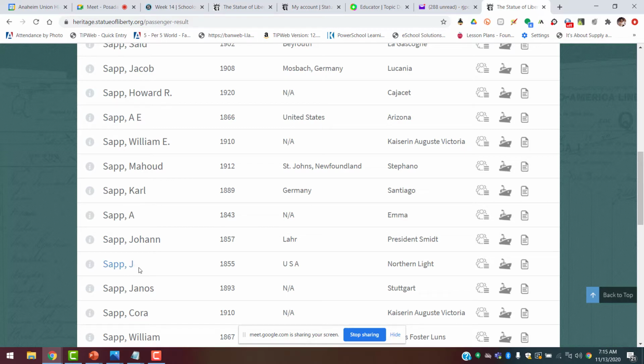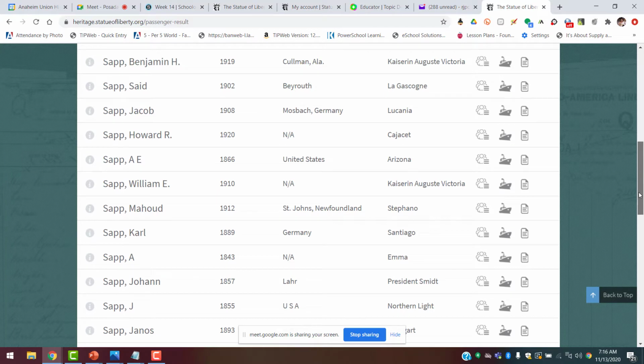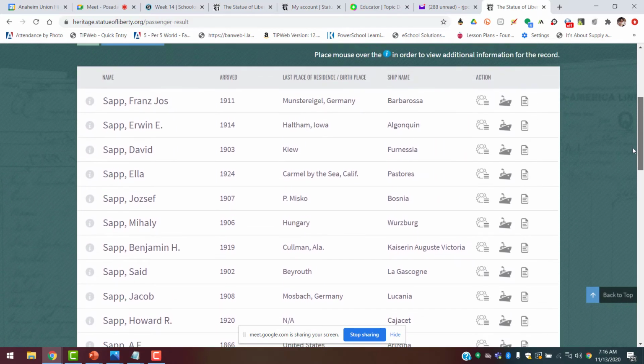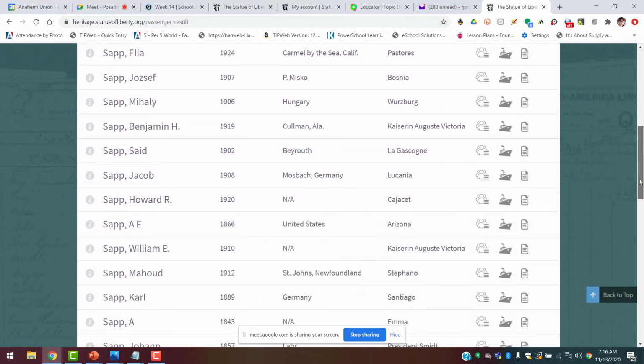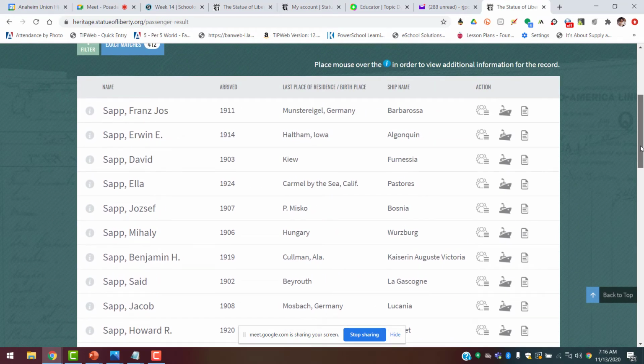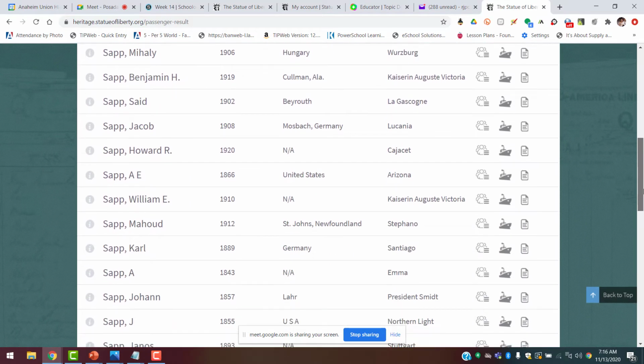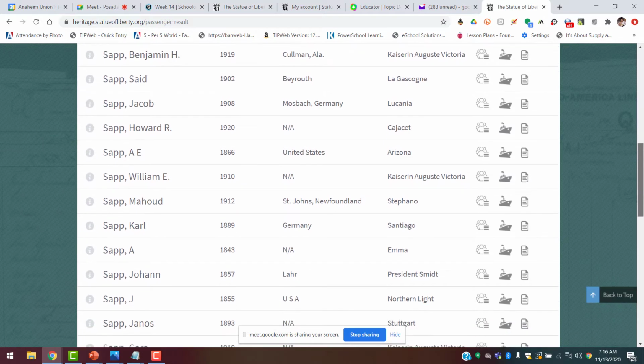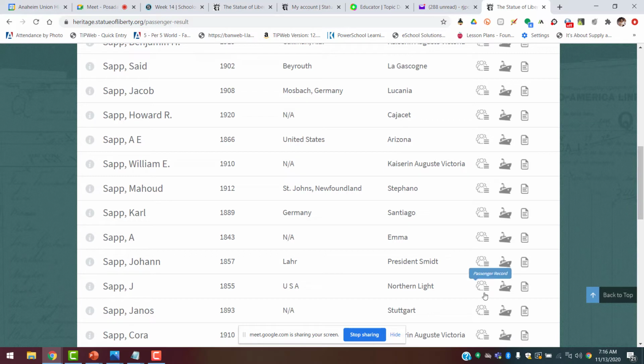So if I see J. Sapp, I don't know if this is a male or female. I know that they came in 1855. Their last place of residence or birth was the USA. They came on the Northern Light, which was the ship. And if I actually look on one of the documents, I can see specifically more information related to them.